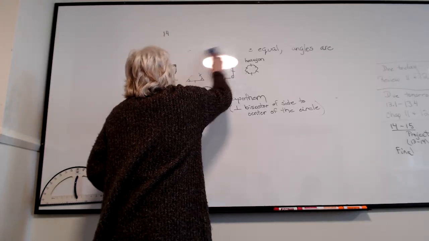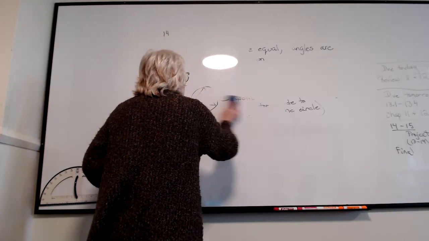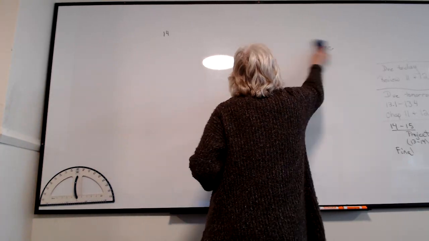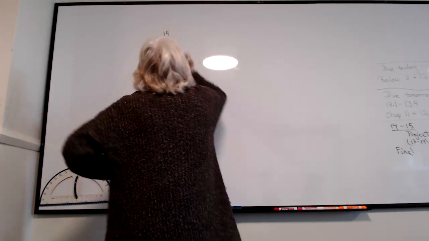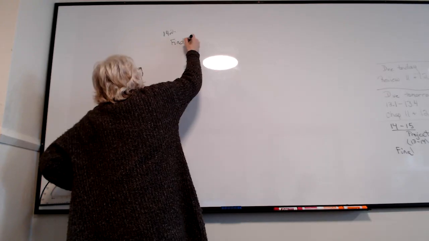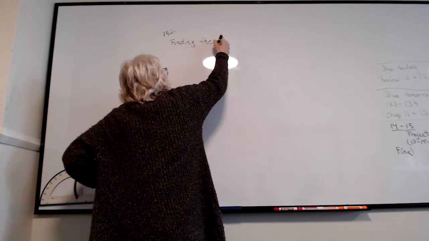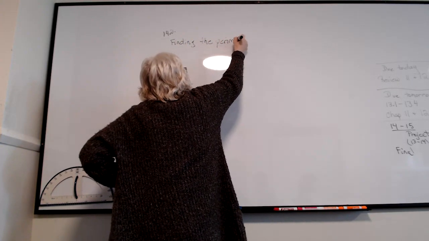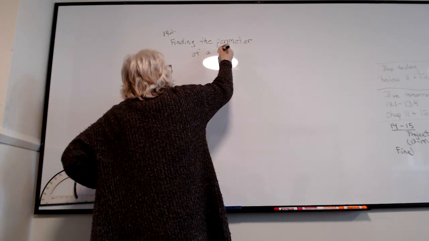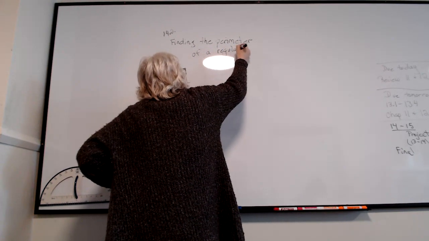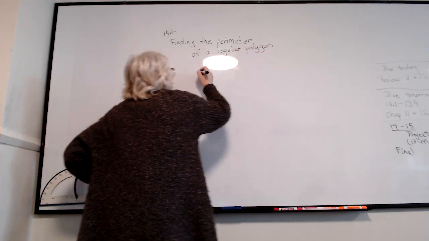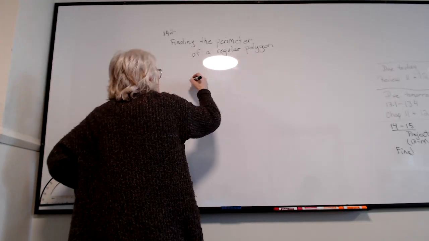So 14.2 is going to go into how do we determine the perimeter of one of these polygons. 14.2 is finding the perimeter of a regular polygon.